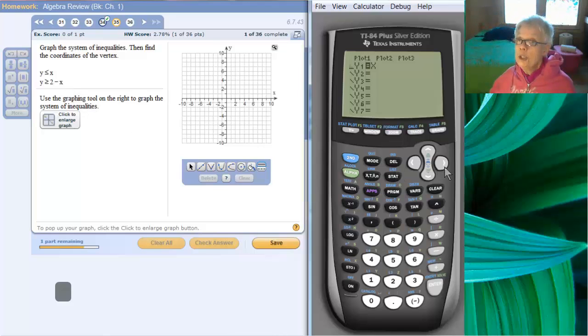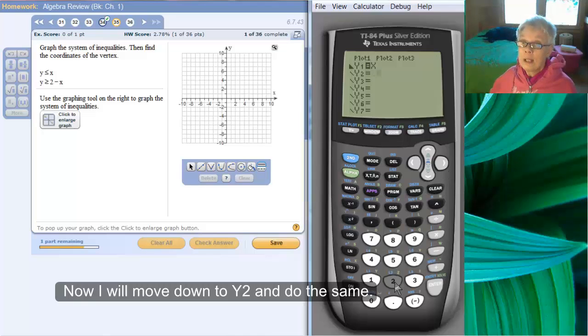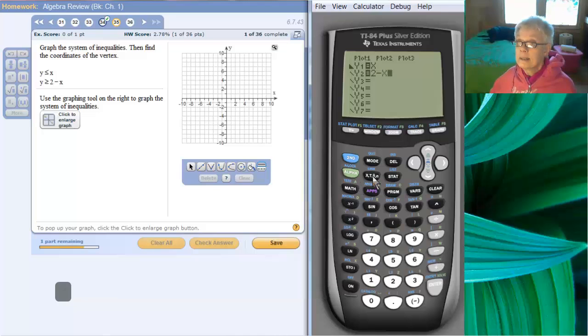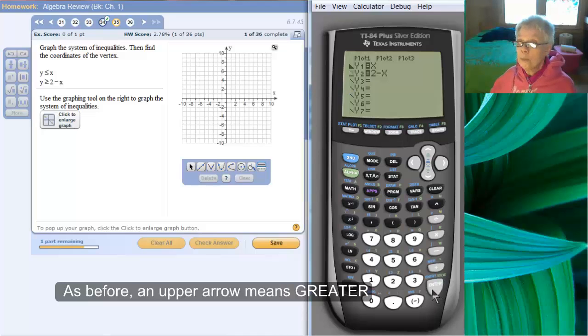Now in y2, first, I'm going to come down to y2, and I'll click 2 minus x, and then I'll go over to the left, and I'll hit enter until I get an upper arrow, because that means greater than, which is what I have in the y2 problem.